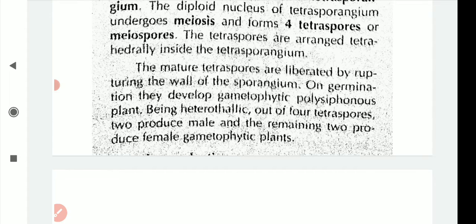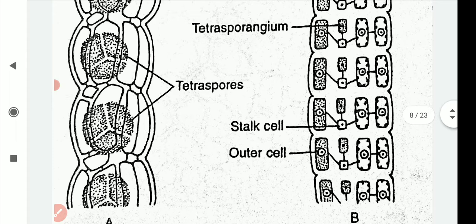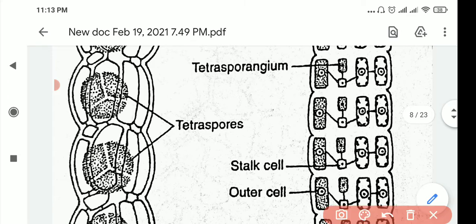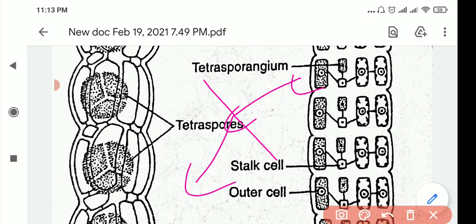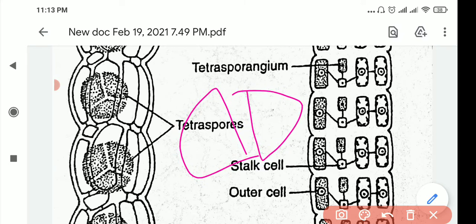They are arranged tetrahedrally inside. You see those tetraspores? There are 4 of them. Do you remember the tetrahedral structure of carbon? You used to learn that in college or in school. So even with these tetraspores, one spore is like this, one spore is here, one spore is here, and the other one is on the other side.